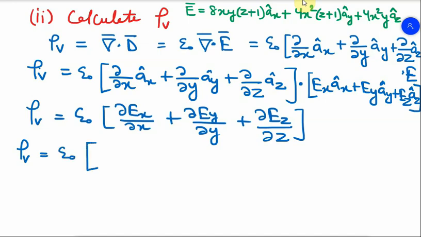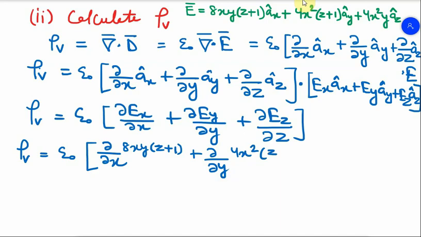Now I will put Ex, which is 8xyz plus 1. So del x of 8xyz plus 1, del y of 4x square z plus 1, and del z of 4x square y. In the first term it is x, so it is differentiated with respect to x.